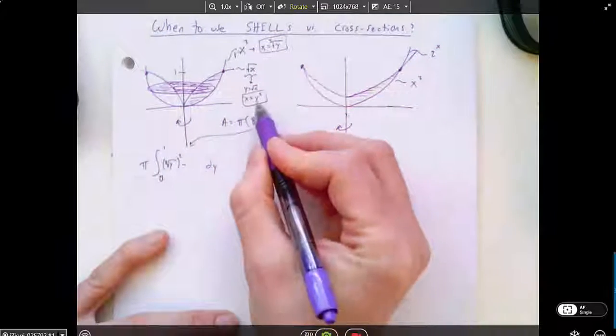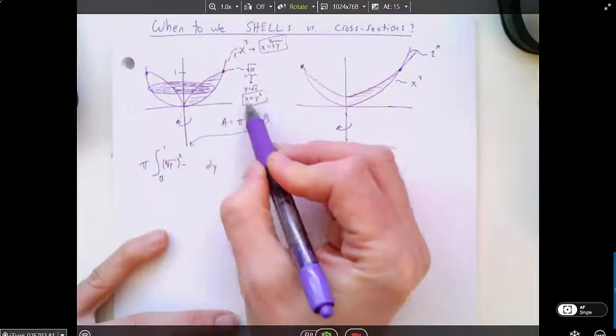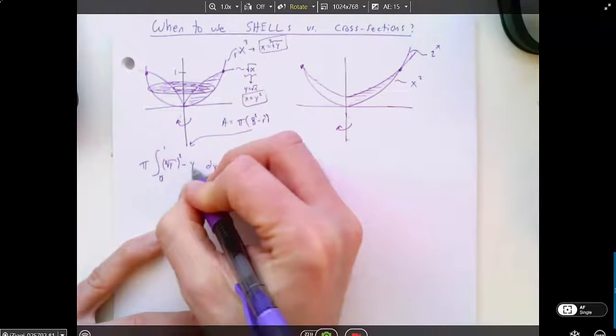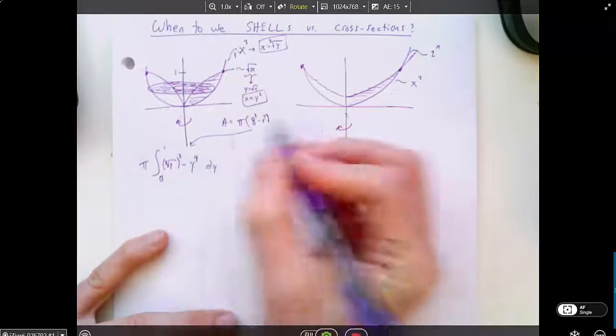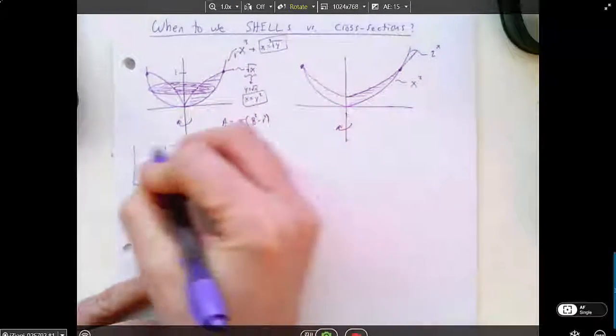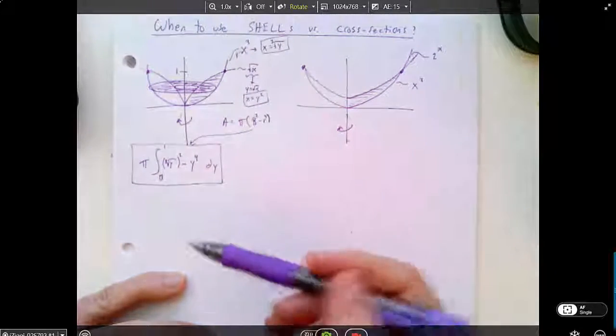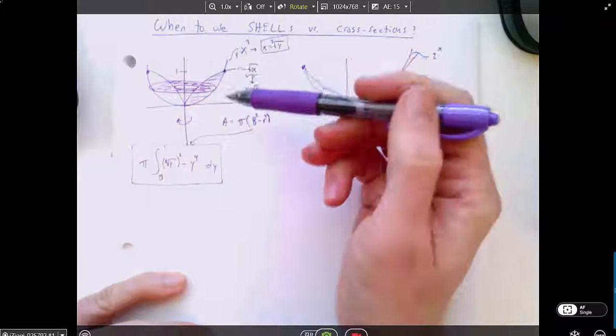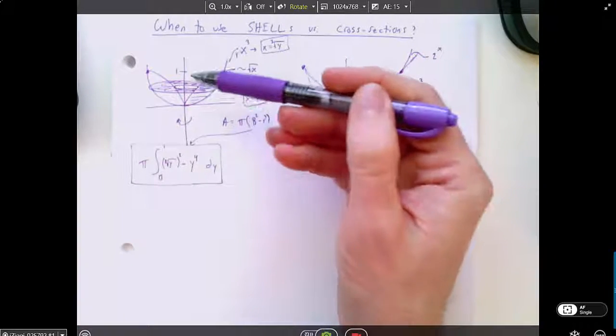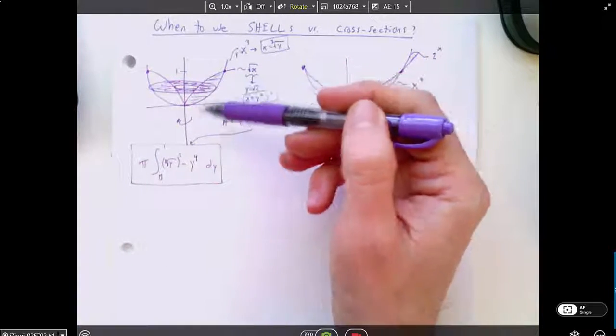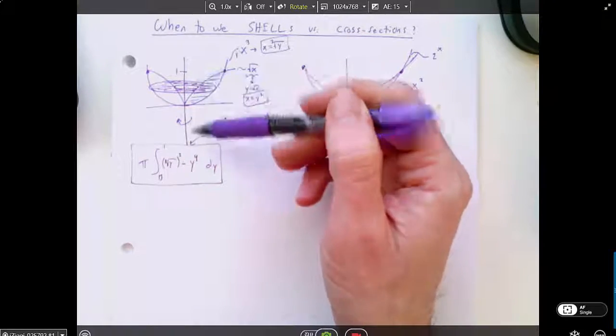And then my inner radius is given by this function, which is y squared. And then y squared squared is y to the fourth. So that would be a totally okay way to do cross-sections for this one. And the only thing that's tricky is you have to rewrite the equations so that you can get those radii, because they're dependent upon the height.